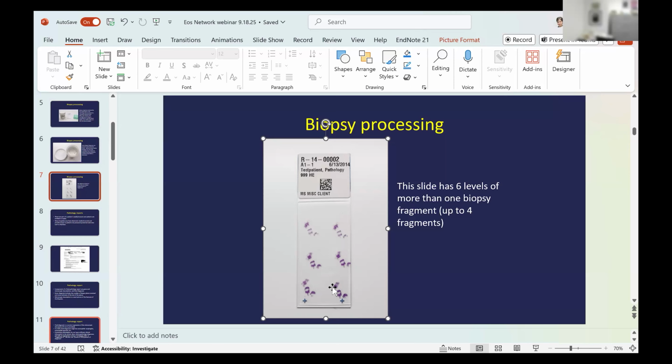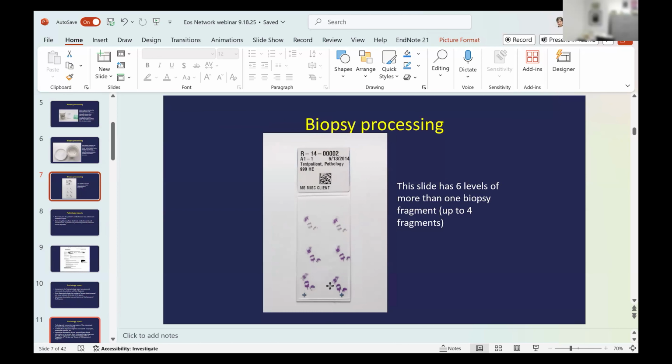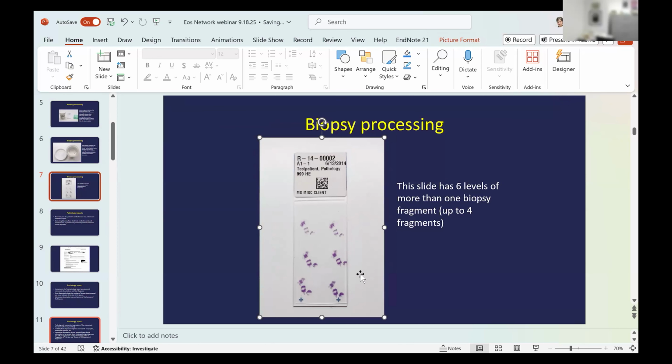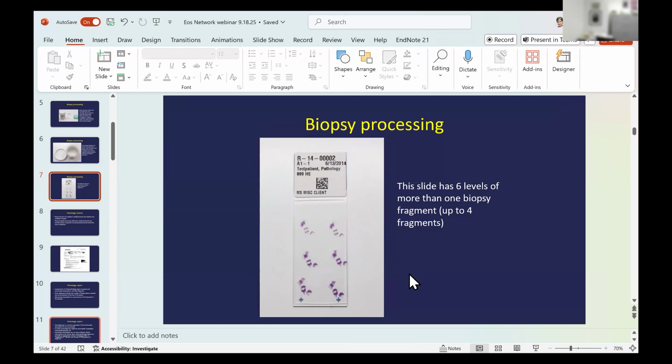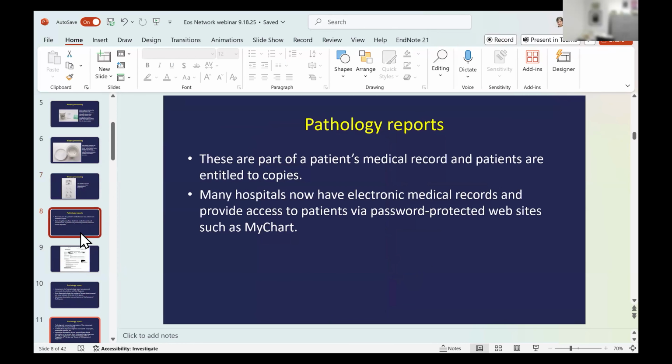And for a disease that is patchy, like EGIDs are, it's important to have multiple levels to examine, because the number of eosinophils can vary significantly from, for example, the top level compared to the bottom level. And our custom is to cut 6 levels on a slide, and of course examine all 6 levels then.